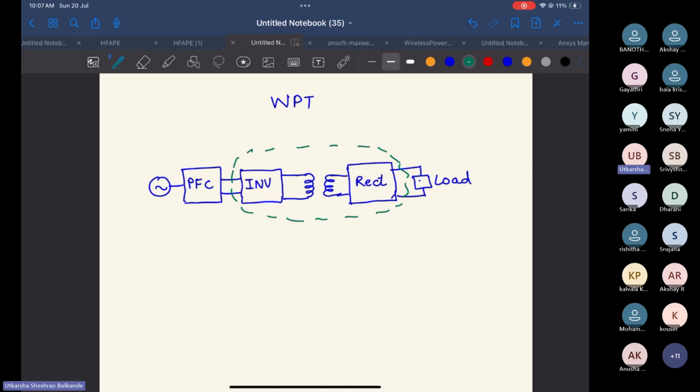Have you completed your power electronics subject? Are you aware of the converters and all? Can any one of you answer me?